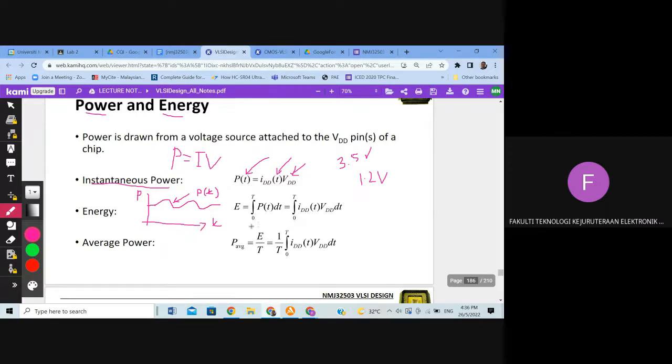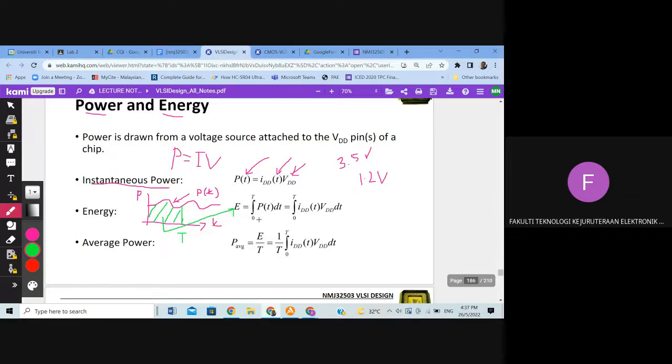The energy is the integration of instantaneous power from time 0 until time t, over dt. So the total area under this instantaneous P gives you E, the energy.